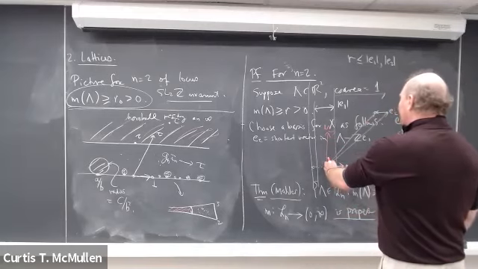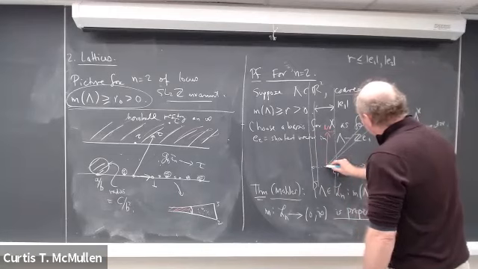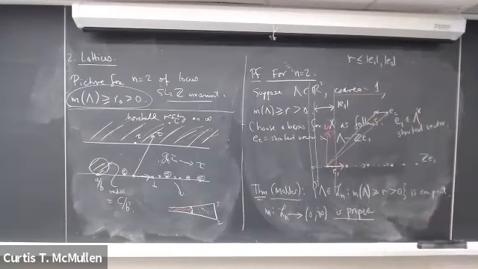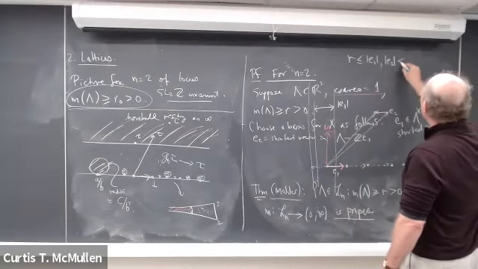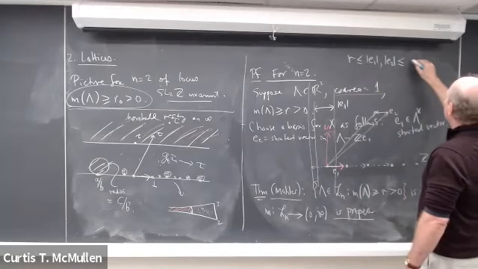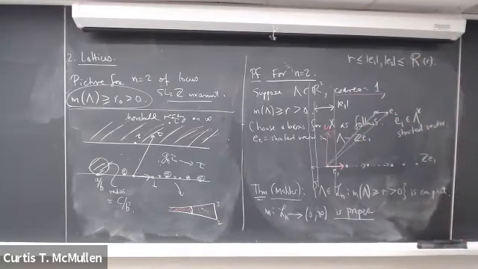And therefore, on the other hand, the height of E2 plus the length of E1 is an upper bound for the length of E2. So what we find is that the length of E2 is less than or equal to another constant, big R, which depends only on little r.